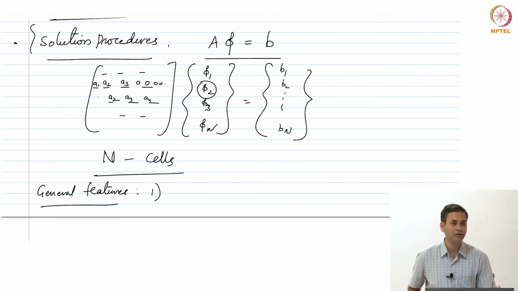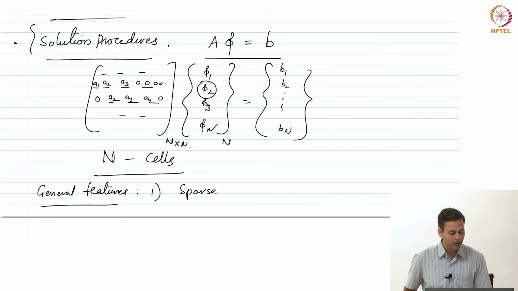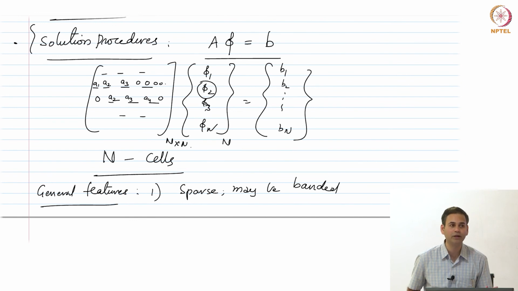What will be here? 0. Essentially, you have a lot of zeros, so the matrix is quite sparse. Let us say this is an n by n matrix. One of the characteristics is that it is a sparse and maybe banded matrix, because you have these diagonals, and there are a lot of zeros. Okay, this is a sparse matrix. So this is one characteristic.